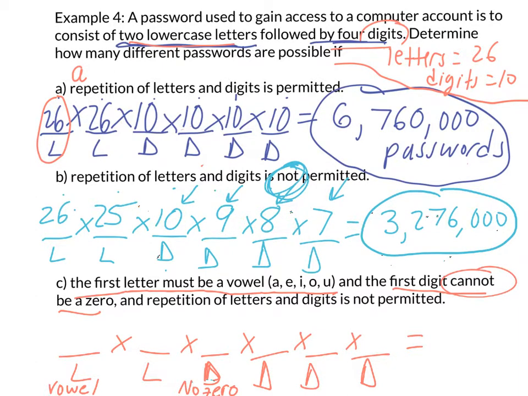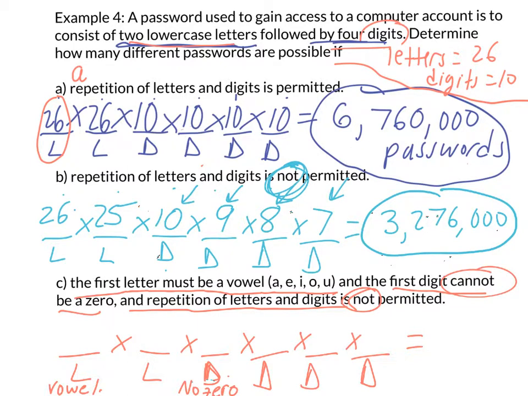I don't want to write the number 0 and then have another number above. That's going to look really weird and be confusing. So I wrote no 0 out in words. And repetition of letters and digits is not permitted. So on top of these 2 restrictions, we're not allowed to repeat any letters or digits.